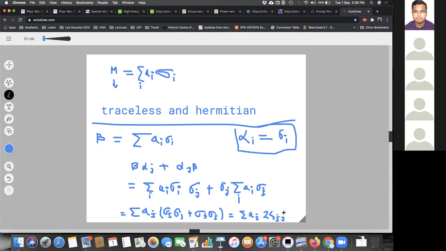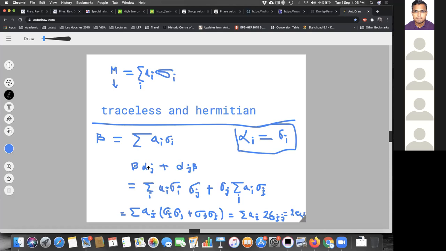So what do you get on this side then? Because you have a delta function and a summation, you get 2a_i, or a_j, whatever it is. Twice a_j. So if you try to check this, beta alpha_j plus alpha_j beta, you will get twice a_j.